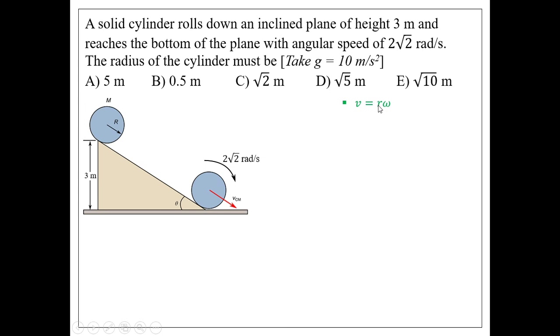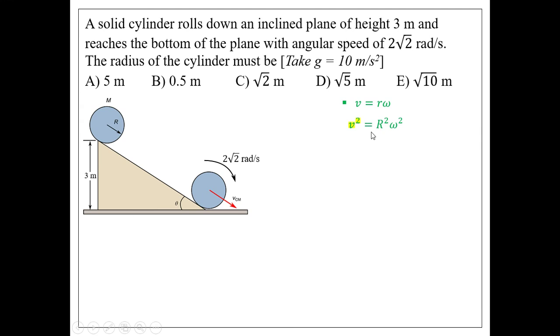The question asks for r, which is what I'm trying to figure out. I don't know what v is though. However, the problem gives you height. So if you're familiar with my other videos where I've derived the expressions for v in terms of h and the coefficient of moment of inertia, that's what I'm going to use here. If not, please go back and watch the other videos in order to understand this a little further.